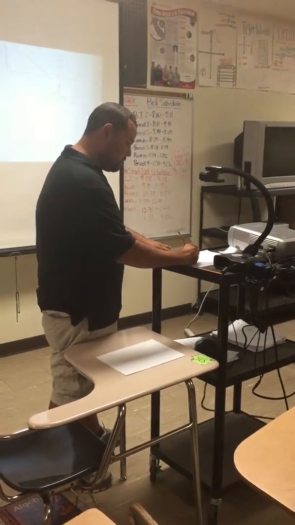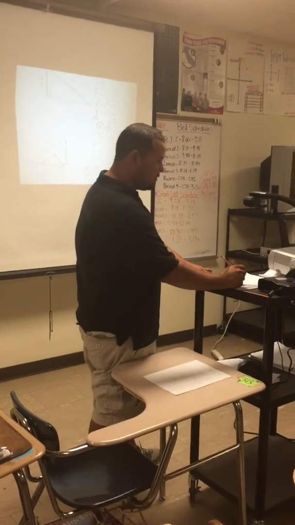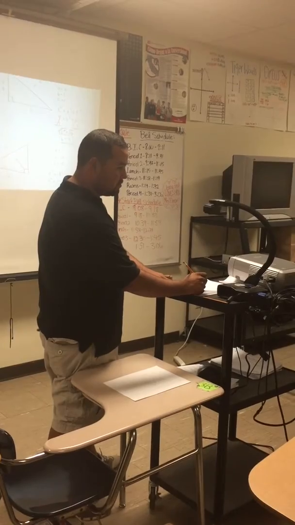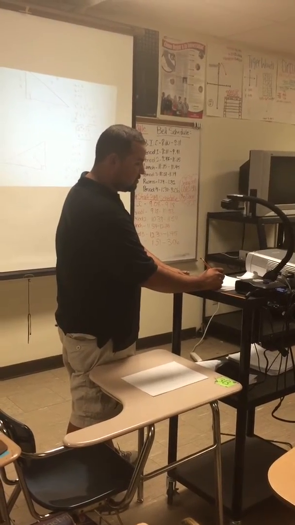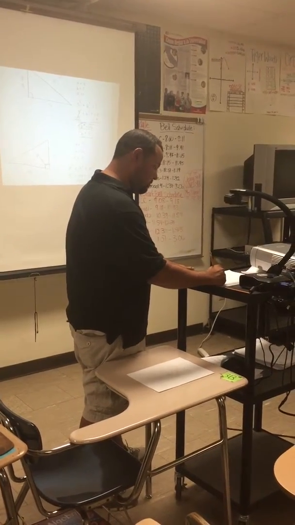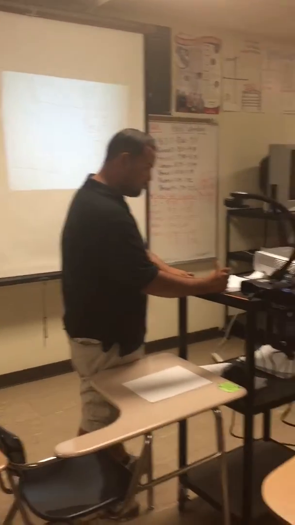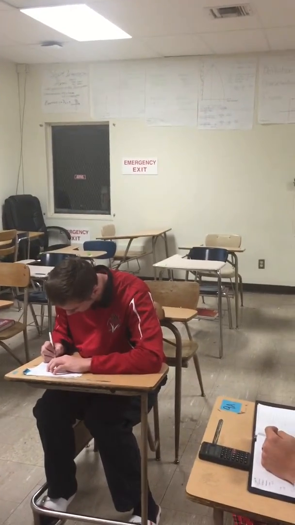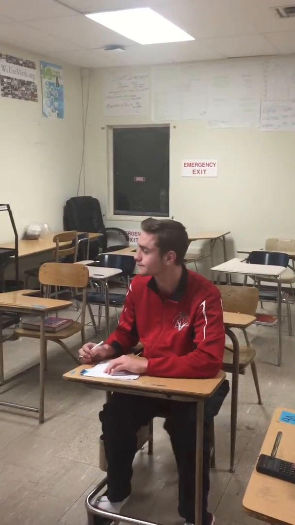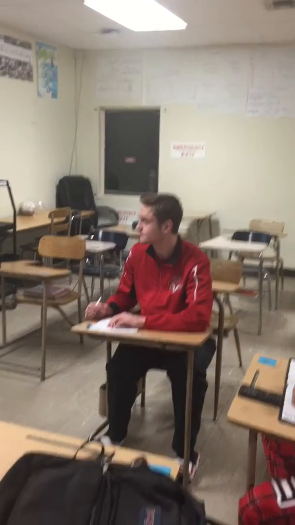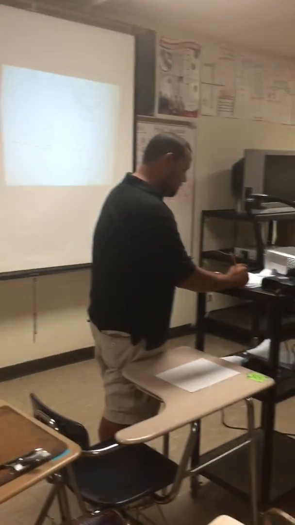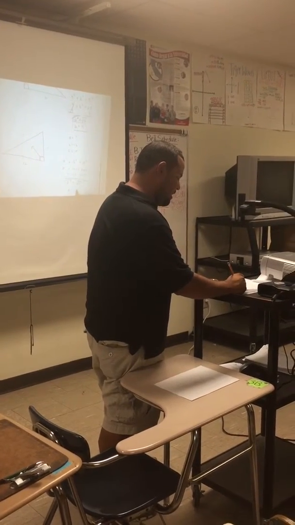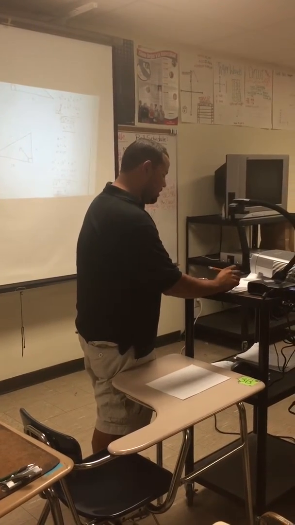So A squared equals, what's 225 minus 144? 81, right? 81. That would be 9 because you square root both sides. Exactly. You square root both sides, and you arrive at 9. A equals 9. Okay?